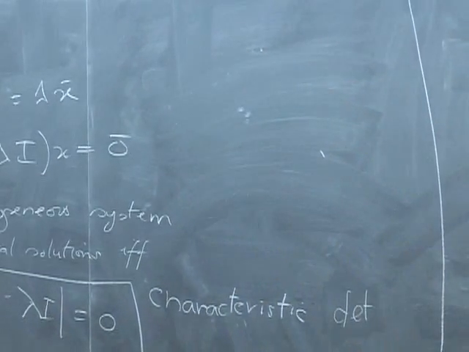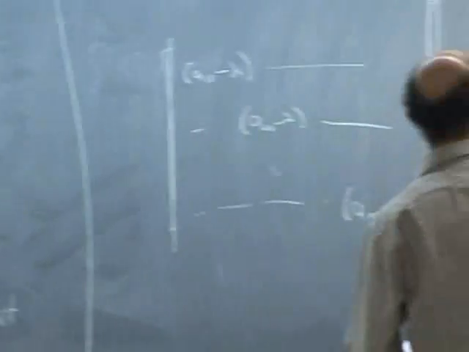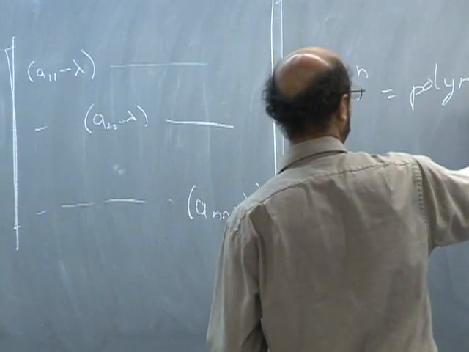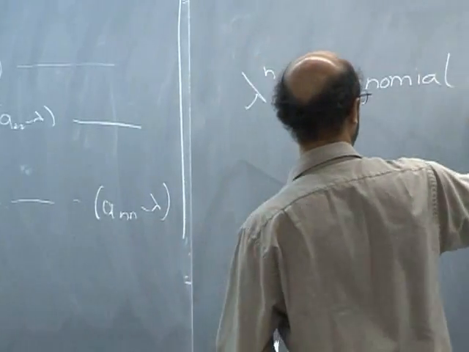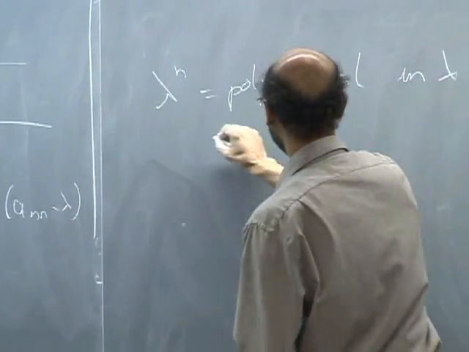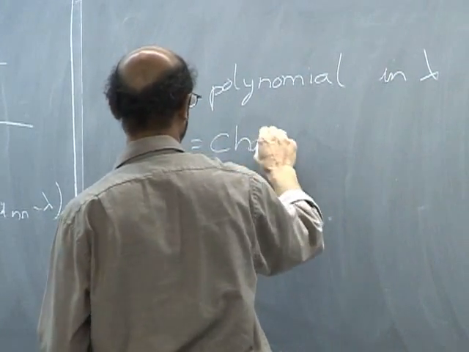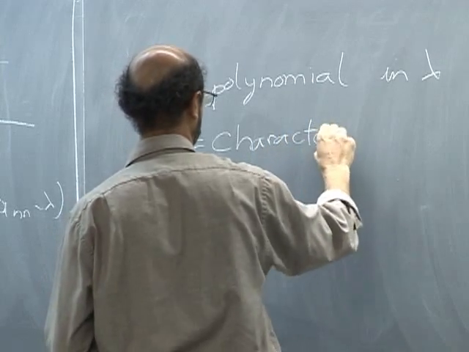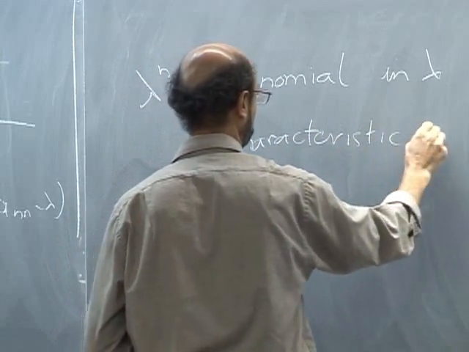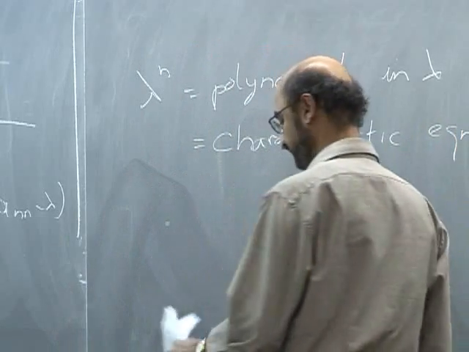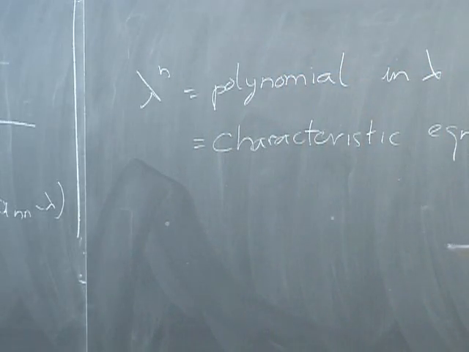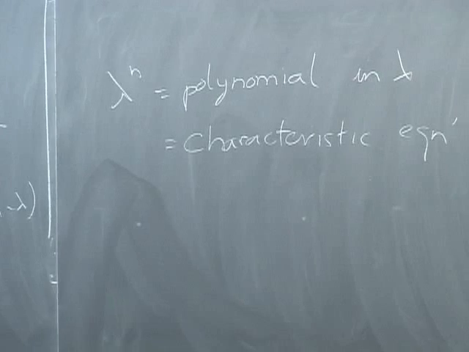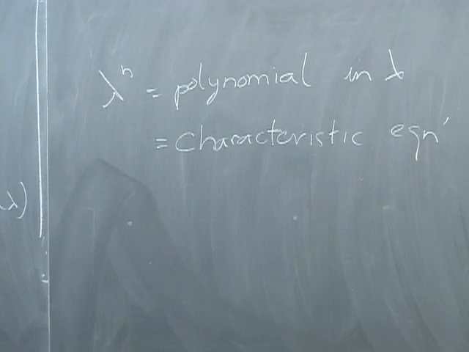This polynomial in lambda to the n, set equal to 0, is called the characteristic equation of this matrix.